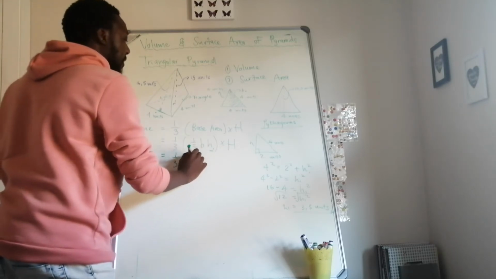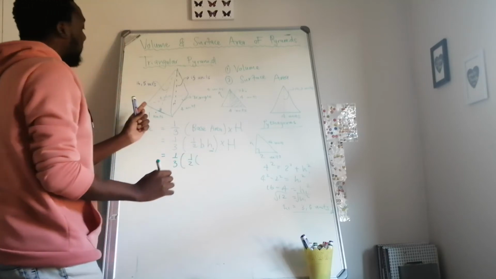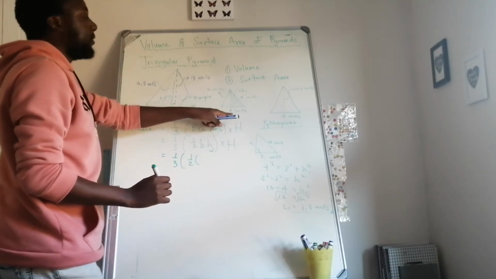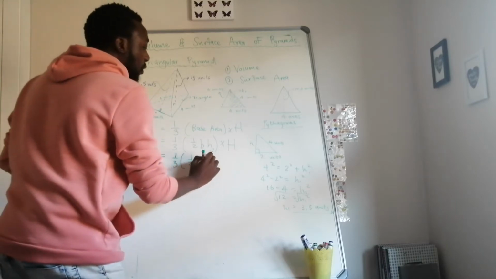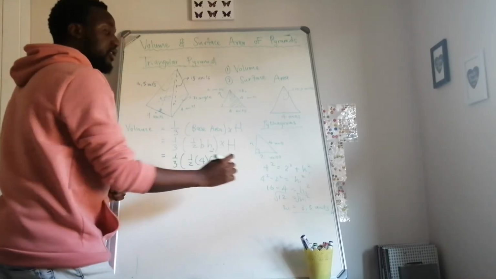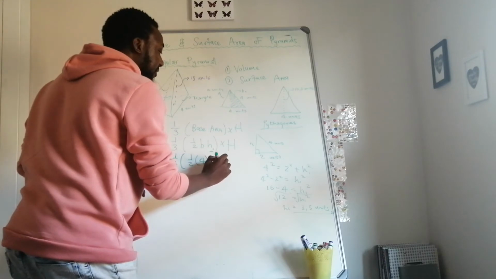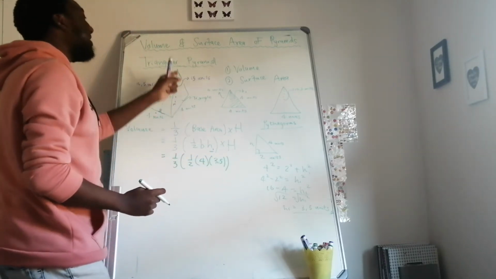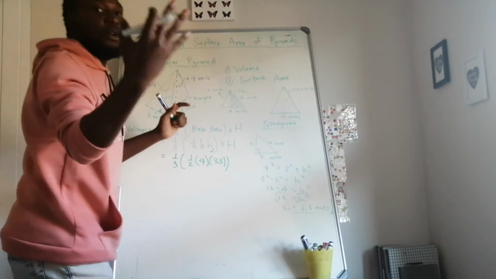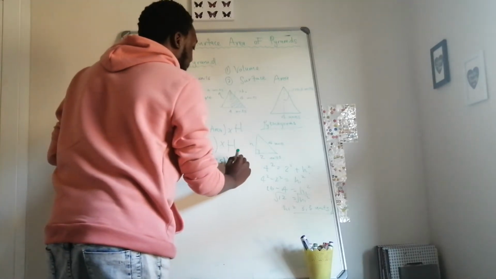It's a third, half the base of that triangle, which is 4. The height of the triangle, which I just found, is 3.5. The perpendicular height of the pyramid is 15.